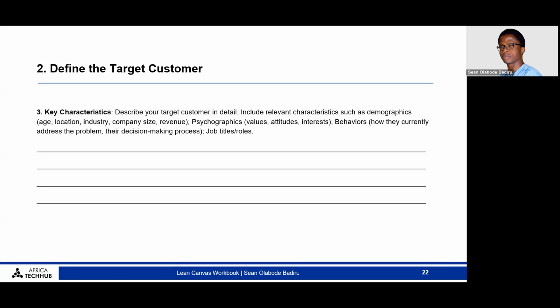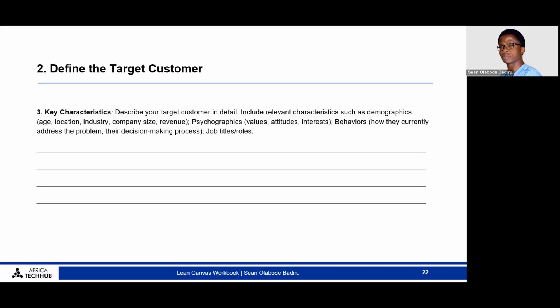Small business owners with 5 to 20 employees. Is that what we said? Yes, okay, please. That's what we said. 5 to 20 employees in Nigeria. All of these are key. Small business owners, 5 to 20 employees in Nigeria.